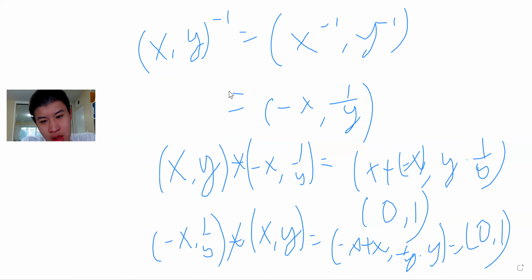We also have the associative axiom. So let's see if we can prove that it also satisfies the associative property. So again, all right, let me change my color just because.